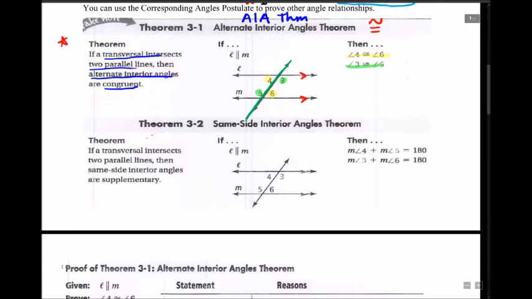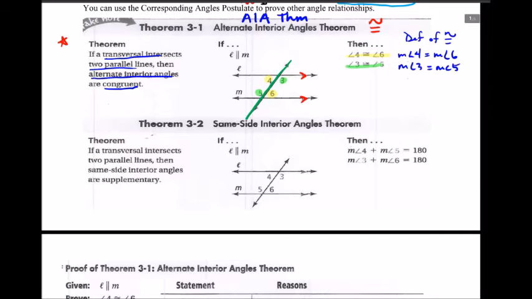And you know that the definition of congruence is going to let us say things like this. The measure of angle 3 is equal to the measure of angle 5. By the definition of congruence, that lets us say that. That is why we like congruent angles.